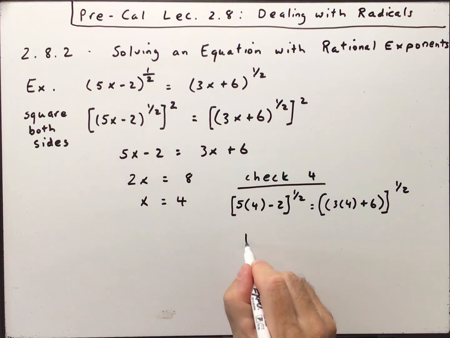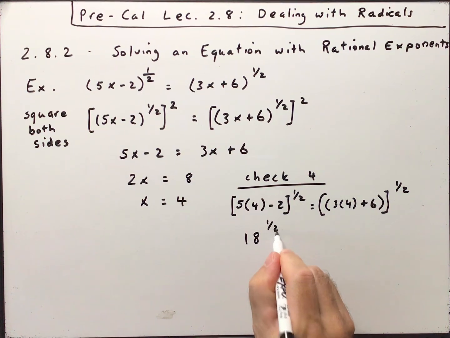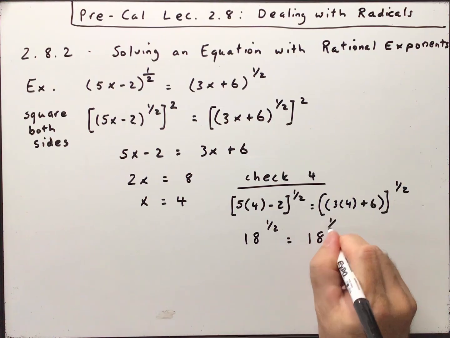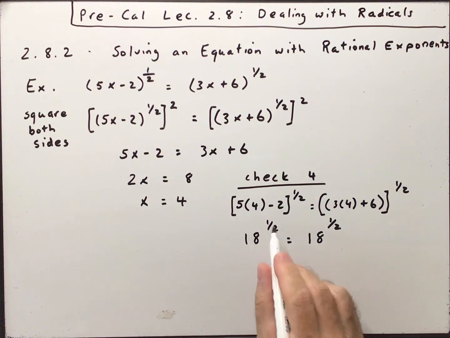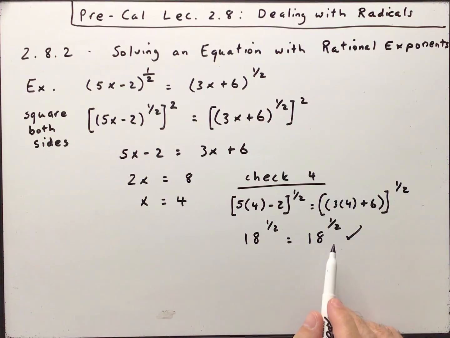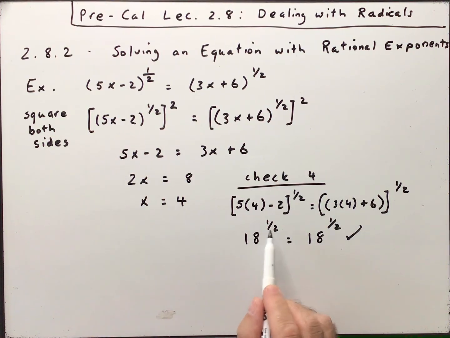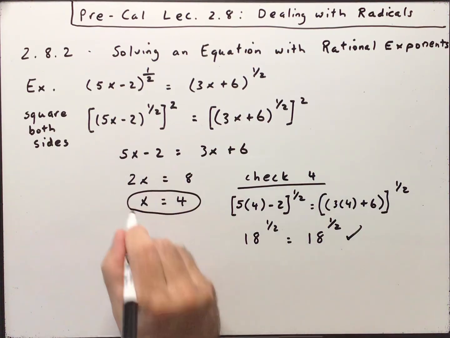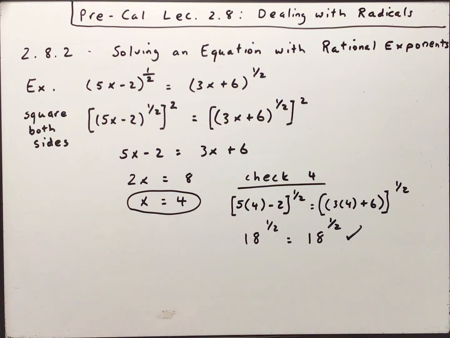Well, that's 18 to the 1/2. And 12 plus 6 is 18 to the 1/2. Now, I don't have to go any further. 18 to the 1/2 is equal to 18 to the 1/2. I don't have to figure out what the square root of 18 is. Doesn't matter. It's something and the same something. If they're equal, that's a good enough check, so we can circle x equals 4.